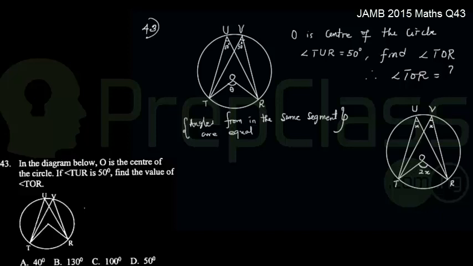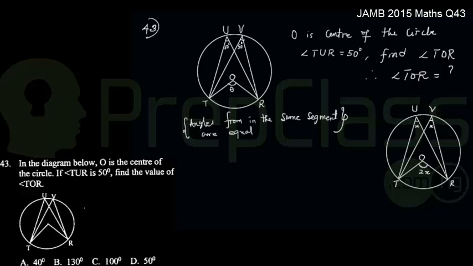Now also come to realize that the angles formed at the circumference, which are angle x and angle x, are always half of the angle that will be formed at the center in the same direction. Notice this angle is formed upwards, while the angles also formed at the circumference of the circle are also formed upwards.